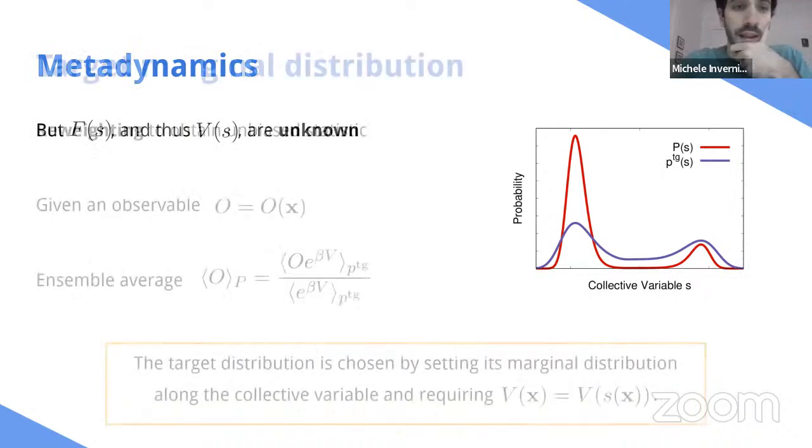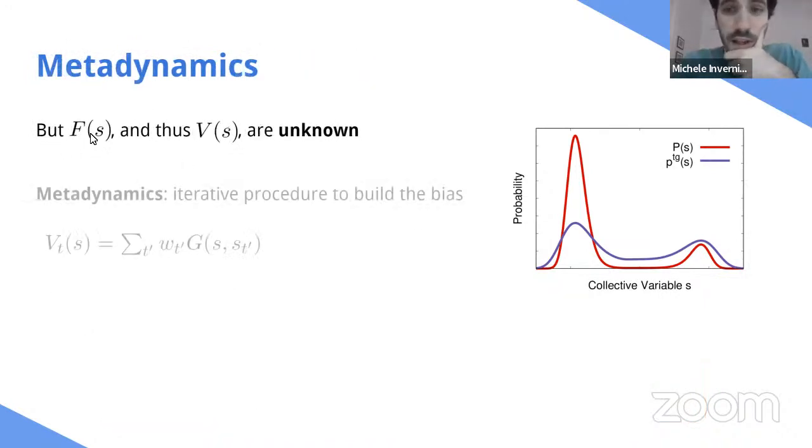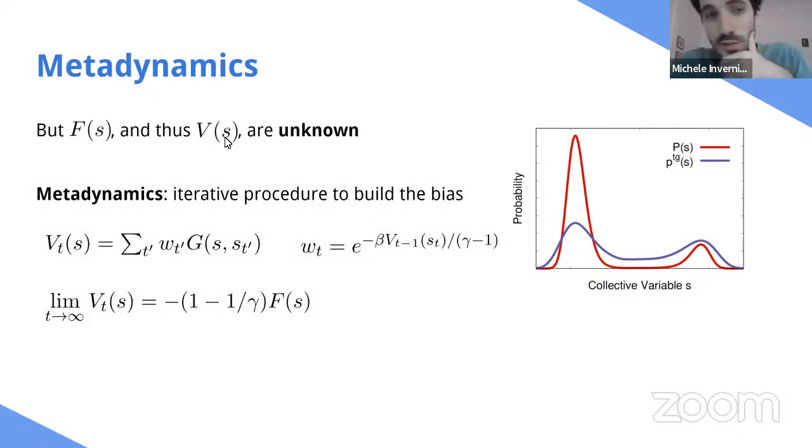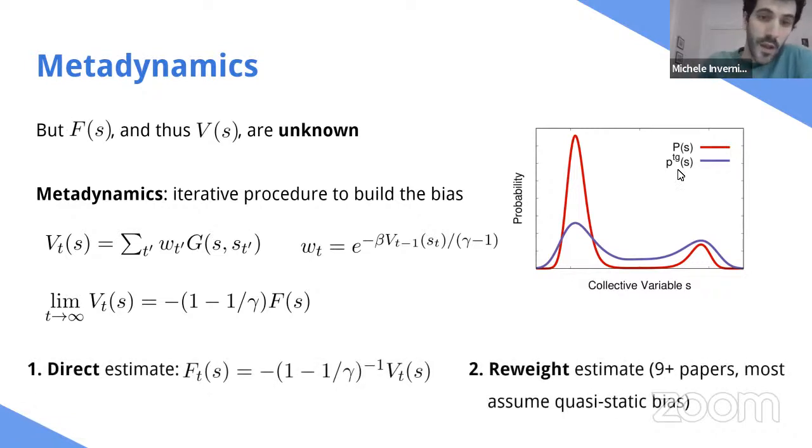So again, the free energy is unknown, and so is the bias. One way to get to this is to use metadynamics, which is an iterative procedure to build this bias, by depositing Gaussians, in such a way that in the limit, I obtain the bias potential that I need to sample this target distribution.